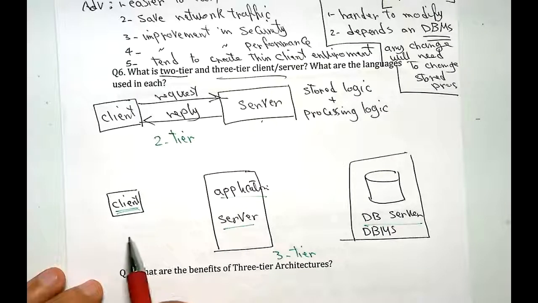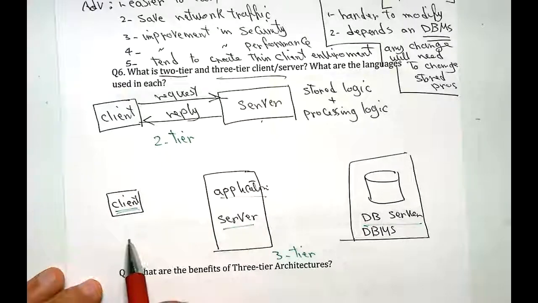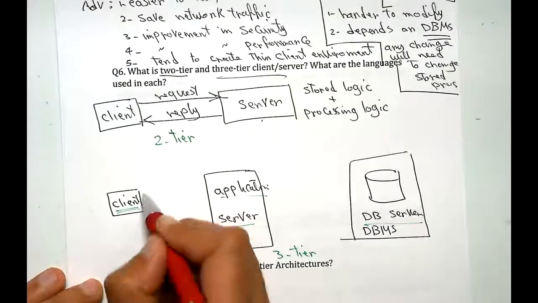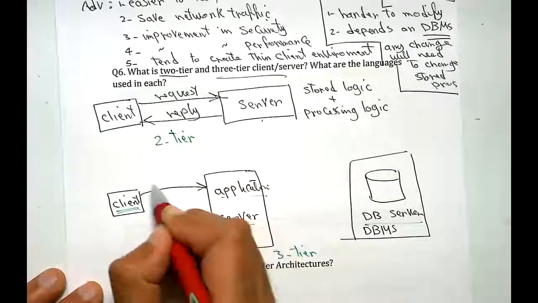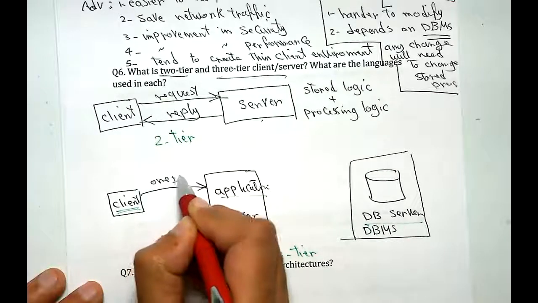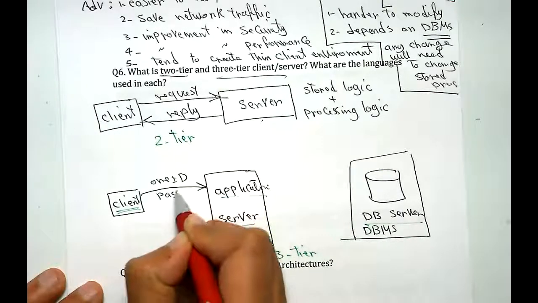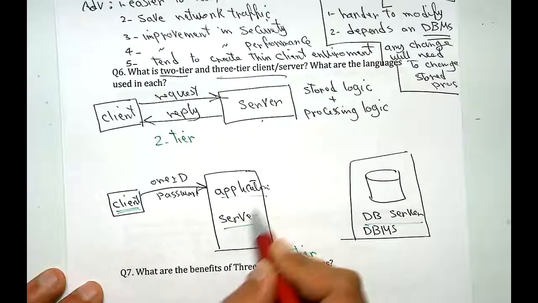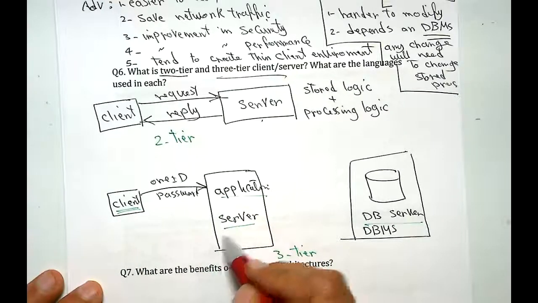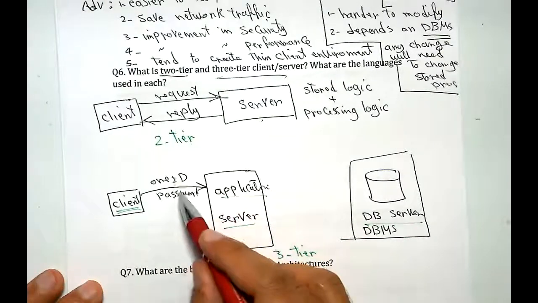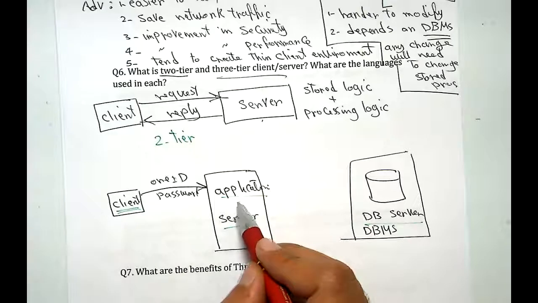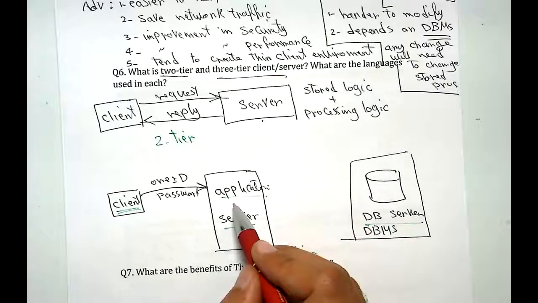So when you, for example, access your email, or access iLearn, you as a user send your One ID and your password to the application server. The application server will get your One ID and password and decide what to do with them. I need to check first.